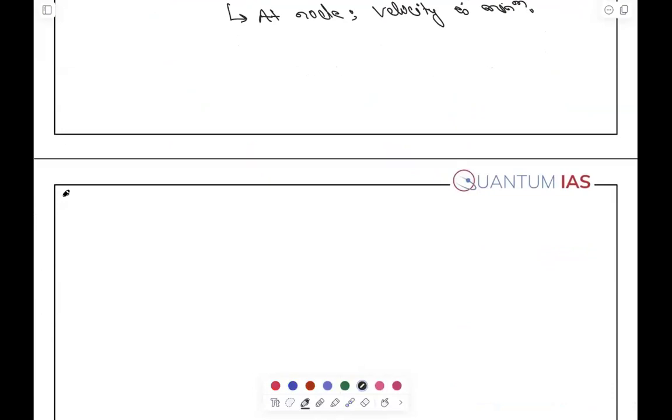Let's take the longitudinal wave as a pressure wave. ठीक है.